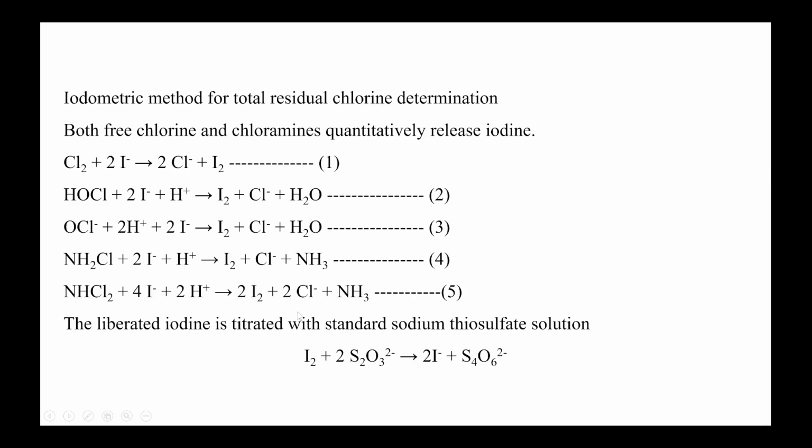So what we do is a normal titration process, which I hope all of you are familiar with. Whenever we are doing a titration, we have a flask in which our sample is present along with a few drops of indicator. In this case the indicator is starch. So starch will be added and our water sample will be there, whose chlorine concentration we want to determine.